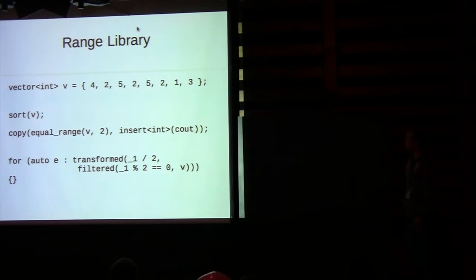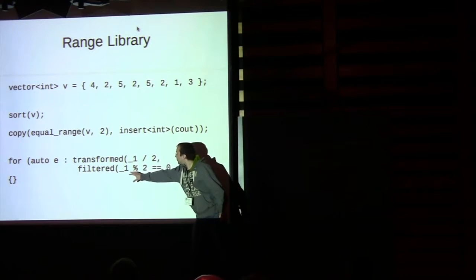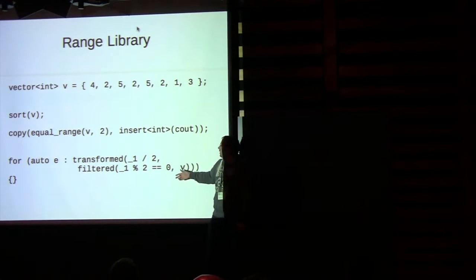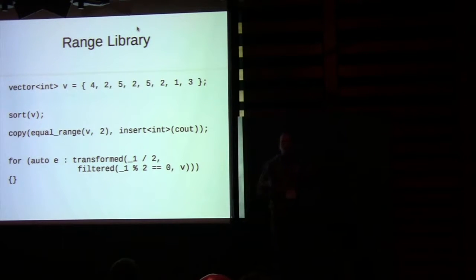We want this thing called adapters. So this is kind of lazy, right? So I've got this vector of integers, and I want to filter it, only get those that are even, and then transform it so that those are divided by 2, and then iterate over the result or pass the result to an algorithm. And we want that to be lazy.